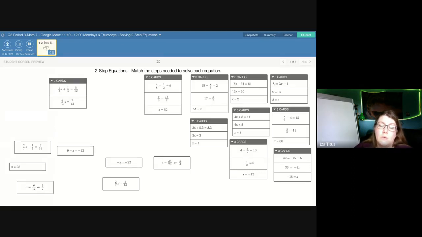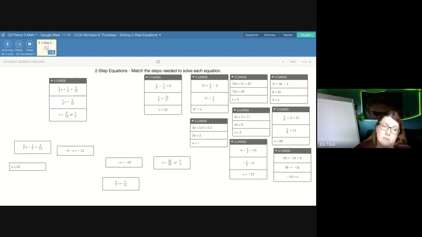So now 1/3 times x, to make this just x, I'm going to multiply both sides by 3. So x will be alone, and then I'll have 3 times 2/12, which will be 6/12, or 1/2.